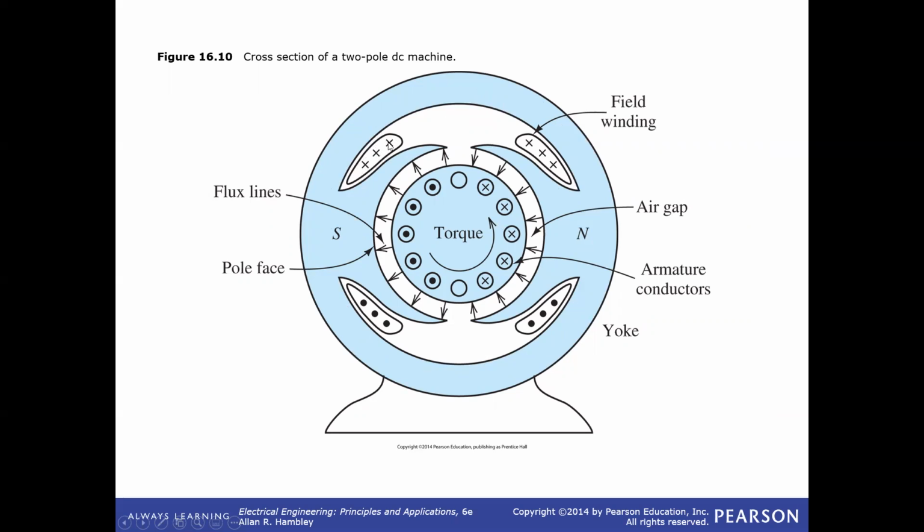That's why we have the winding here, using electromagnetic theory to produce flux, so that we have south and north poles here.